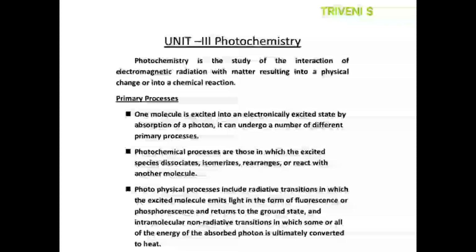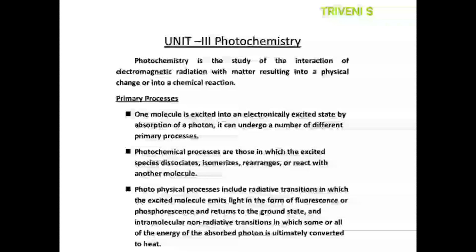It is a study of interaction of electromagnetic radiation with matter, resulting in photochemical changes or chemical reactions.